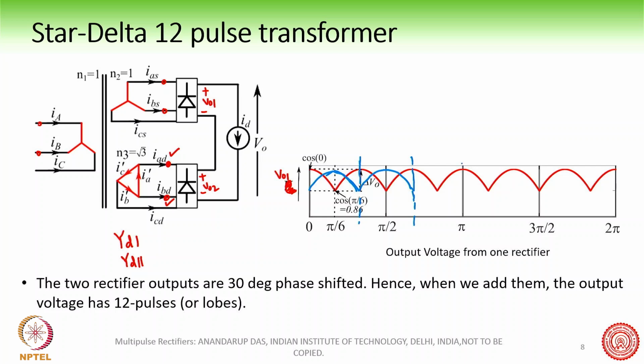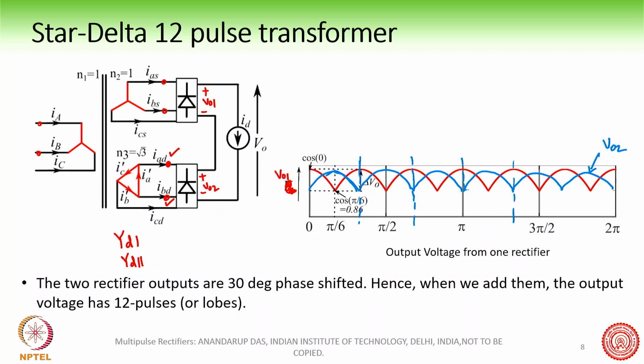Note that this is 30 degree phase shifted from the first one. Both the waveforms are identical. The blue one is V02. Both the waveforms are identical. However, there is a 30 degree phase shift between V01 and V02, because of the delta connected transformer, which causes the phase shift.